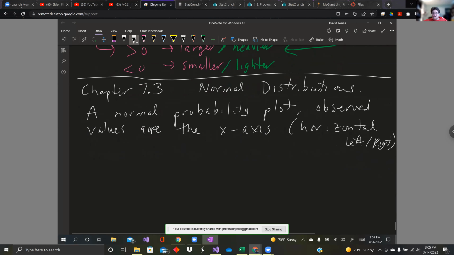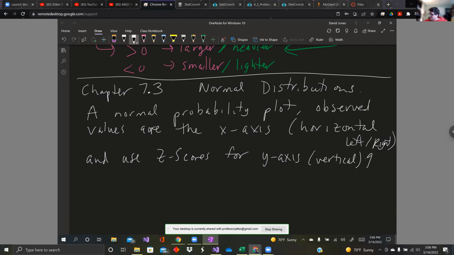And when we were doing chapter 7.2, we shifted to z-scores. And so they use z-scores for the y-axis, or vertical, which is up or down.